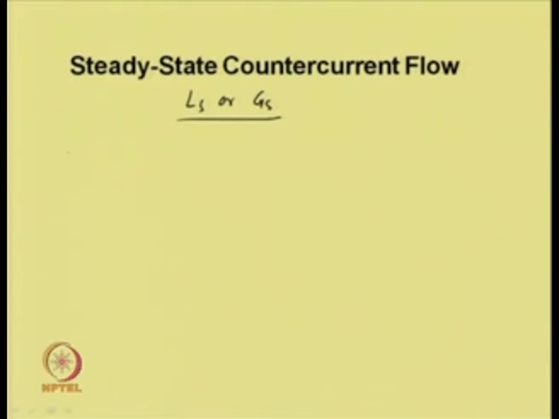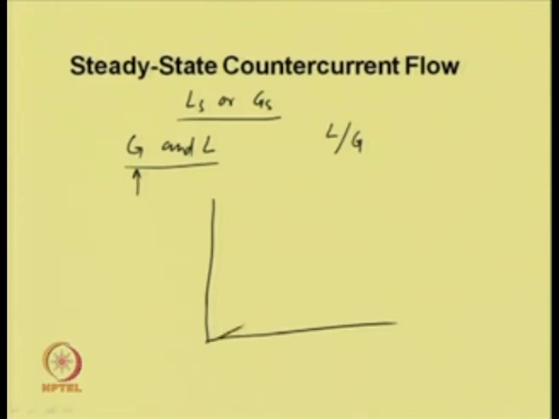Whereas, if we take the quantities G and L, these change as the phases flow from one location to the other in the equipment. Since there is mass transfer from one phase to the other, G and L change and hence the L by G ratio changes. So, the equation of operating line will not be a straight line.